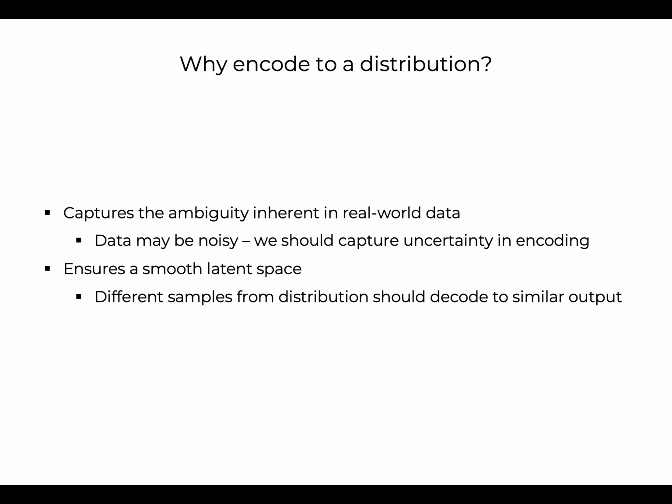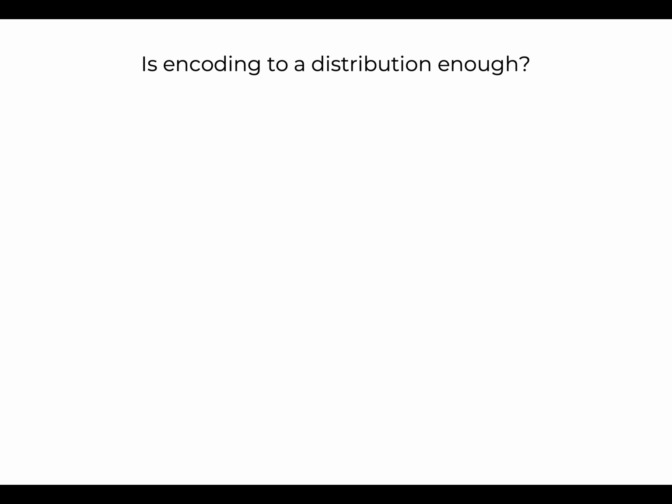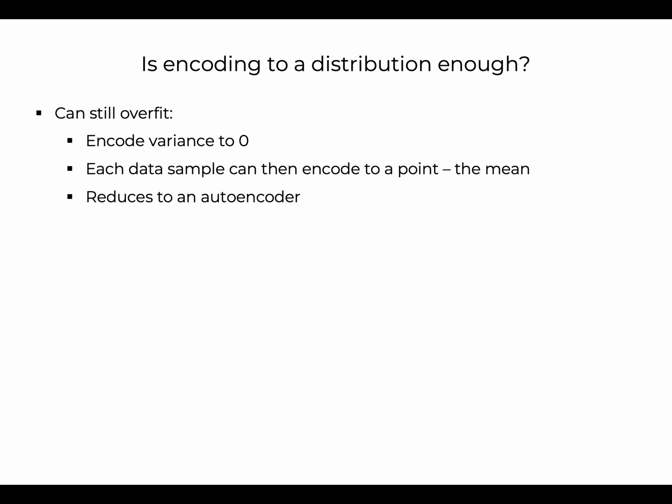Okay, so we've got this concept that we're going to encode to a distribution. Is that in itself enough to ensure that we get this desirable, well-organized latent space? Well, unfortunately not. We can still easily overfit with such a model. All the model needs to do is encode to a very low variance, approaching 0.